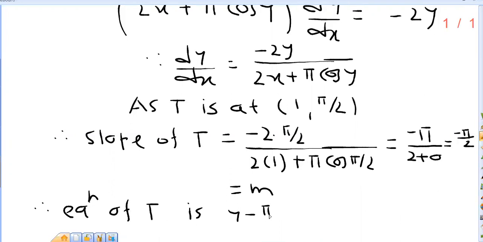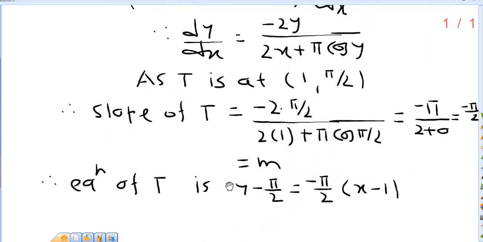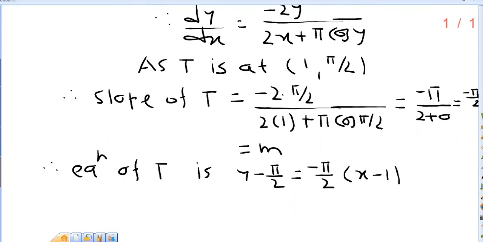So y minus pi by 2 equal to slope, minus pi by 2, into x minus x1, that is x minus 1. Now open the bracket, simplify and tell me the answer. You should be able to solve this on your own. Don't wait for me. I will write the answer. You will have to check it.